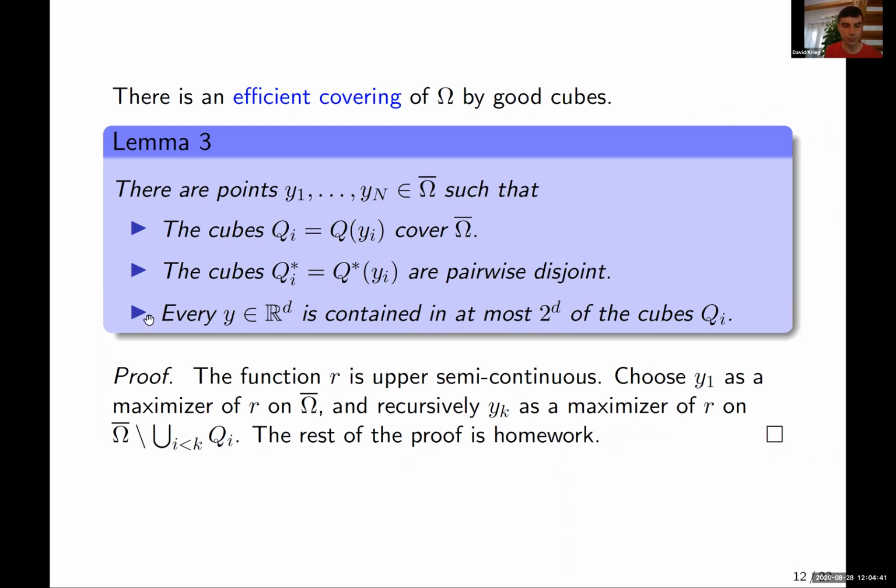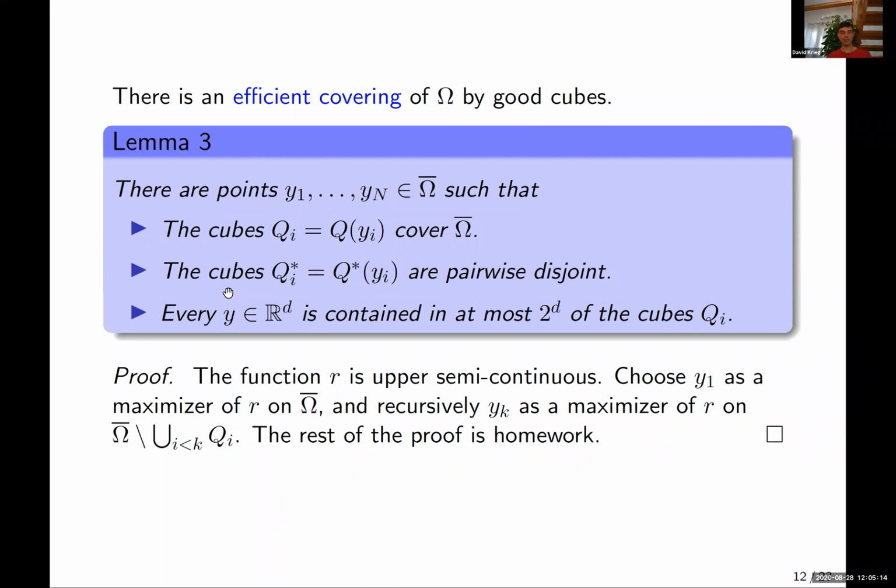Actually, this point is the reason why I take cubes. I could have also taken balls or anything else. But for the cubes, it's a little easier to work with this third property of the efficiency of the covering. And I have a third property, which looks like this. These smaller cubes inside the larger cubes, which I talked about, which are empty of the point set, they are actually pairwise disjoint.